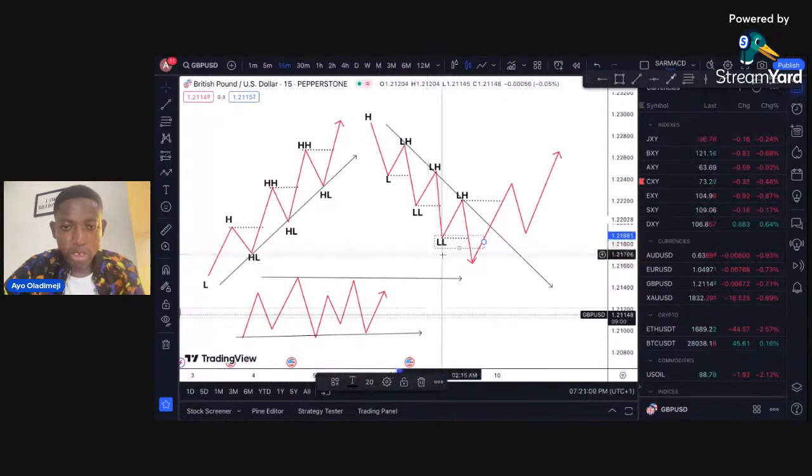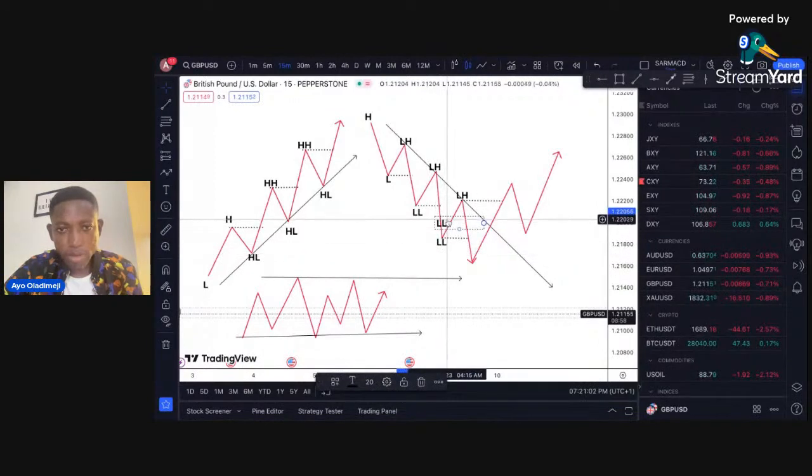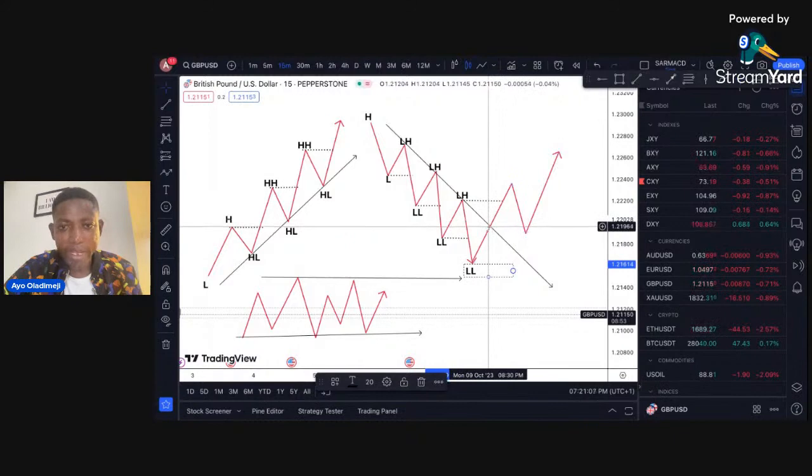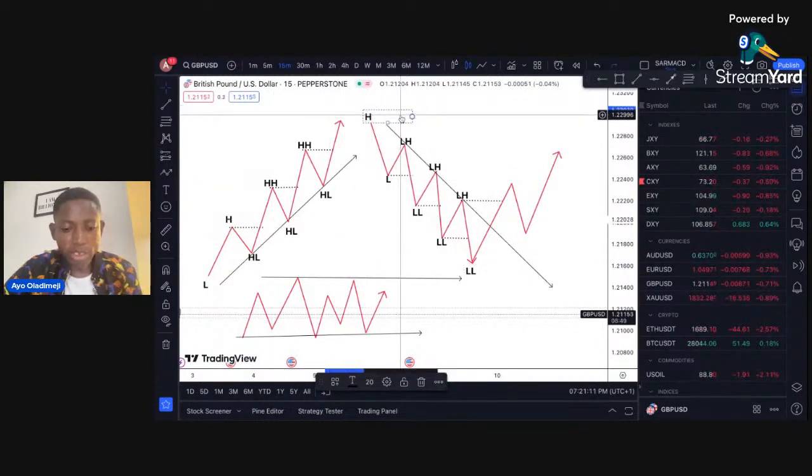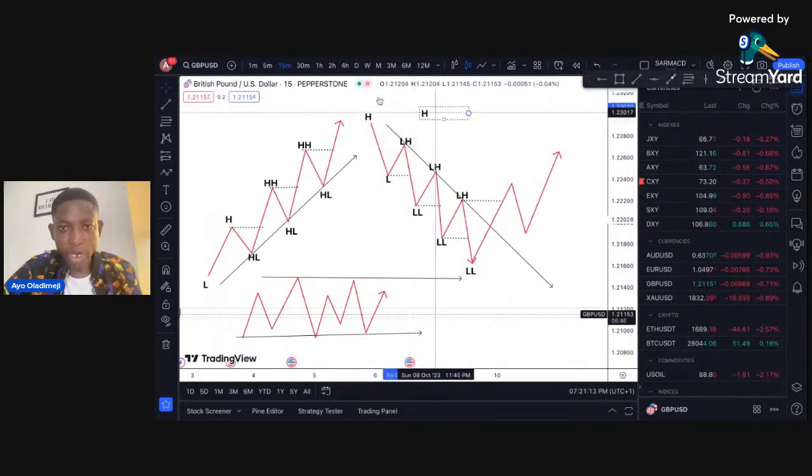So this is supposed to be a lower low, and the lower low is supposed to give us a lower high. But no, what did it give us? It gave us what I always call a new high.